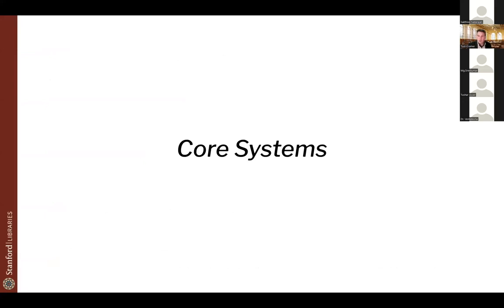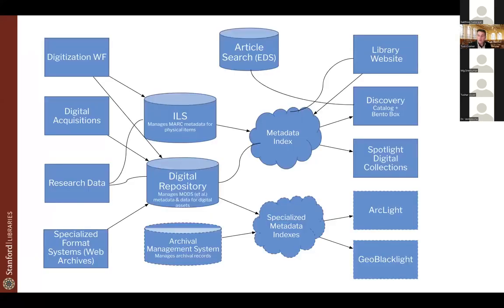Now, I mentioned a little bit the core systems that are really integral to any digital library. This is an example of what a digital library environment might look like if it was fully fledged.